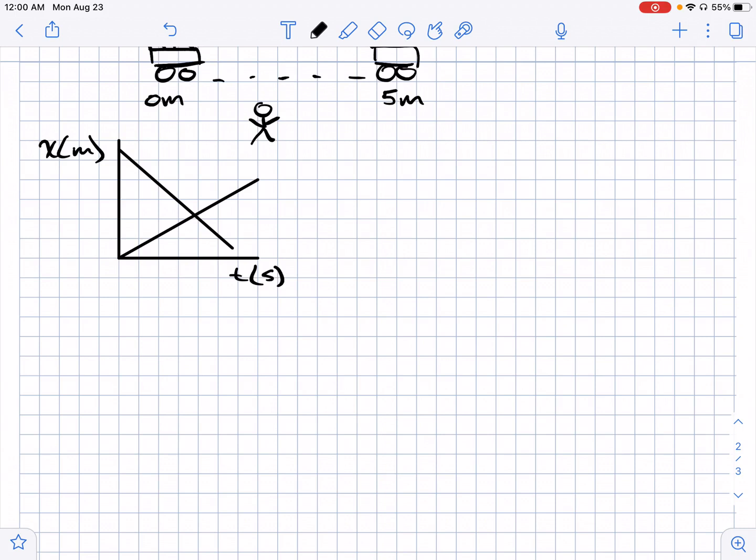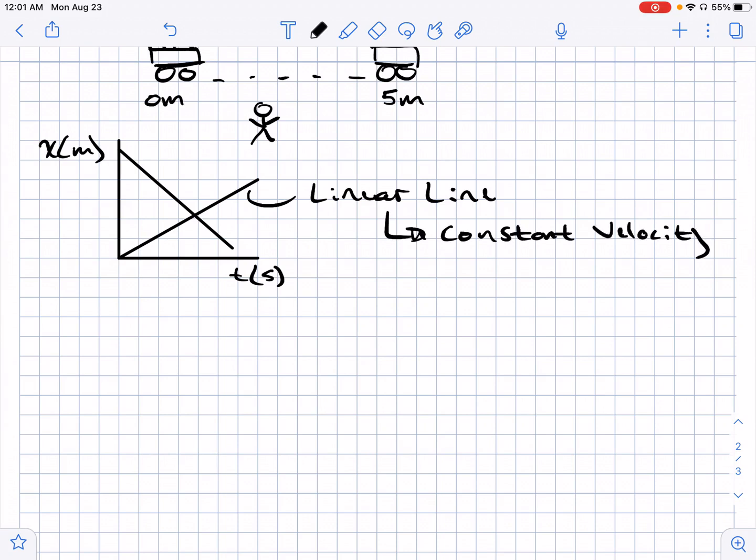And if you remember, we were able to take the slope to find the velocity, or the motion of the object. When we have a linear line, that indicated that it had a constant velocity. And when we have a constant velocity, what that means is that all the forces are balanced. So it has these balanced forces.